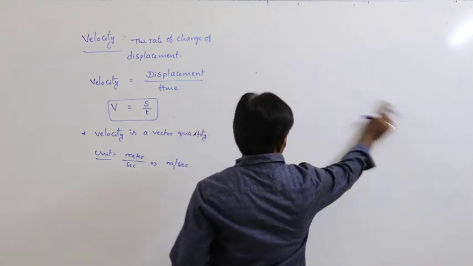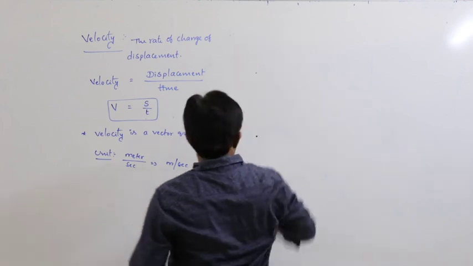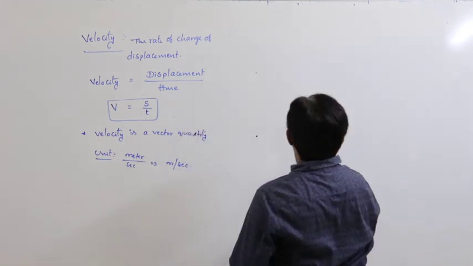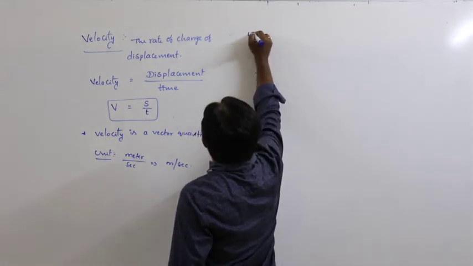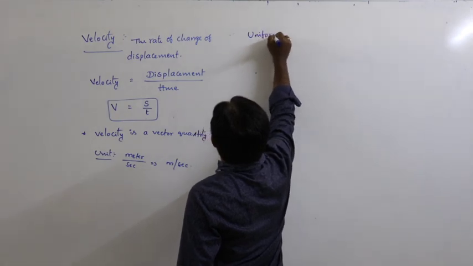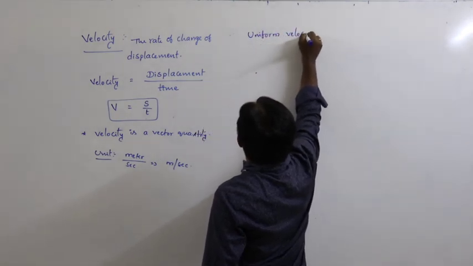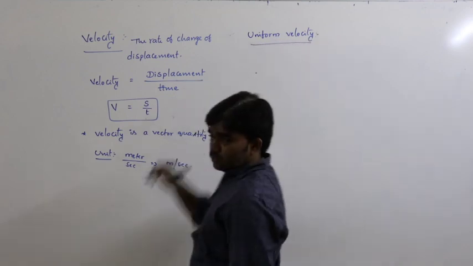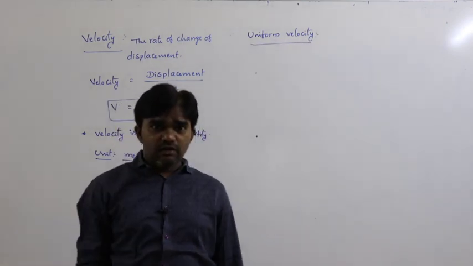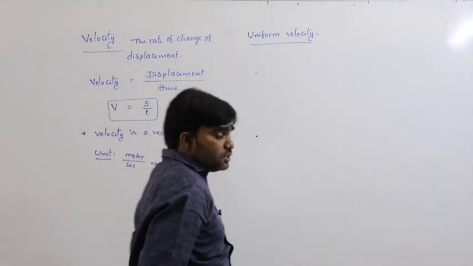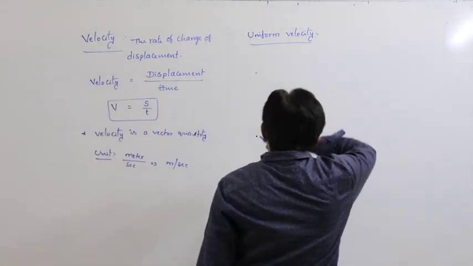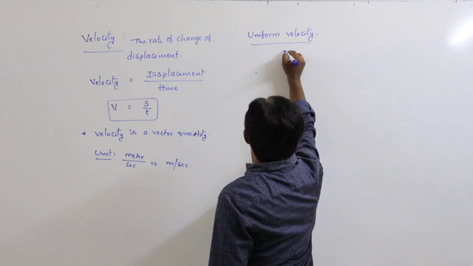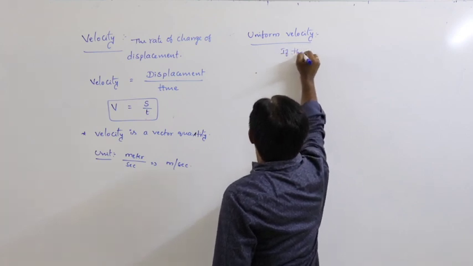See here, the same conditions we have. First, what is meant by uniform velocity, or constant velocity? Just like the speed. How can you define uniform velocity?